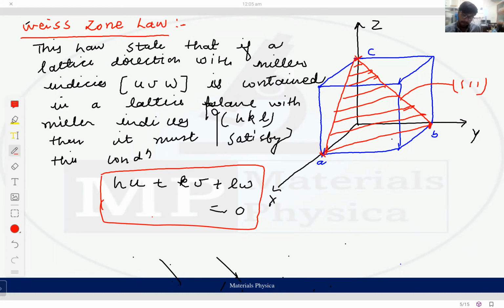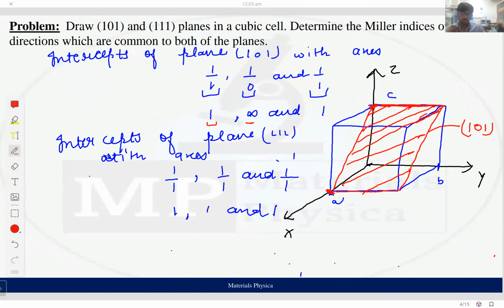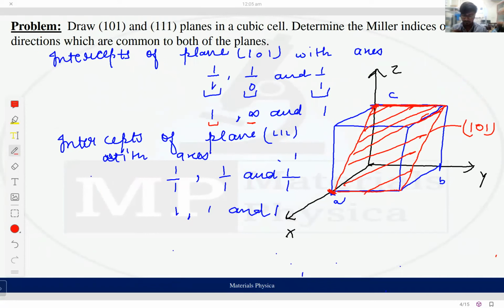And our problem is to determine the Miller indices of the direction which is common to both of the planes. So in this question, we have to calculate the common direction indices which exist in the 101 plane and also exist in the 111 plane.